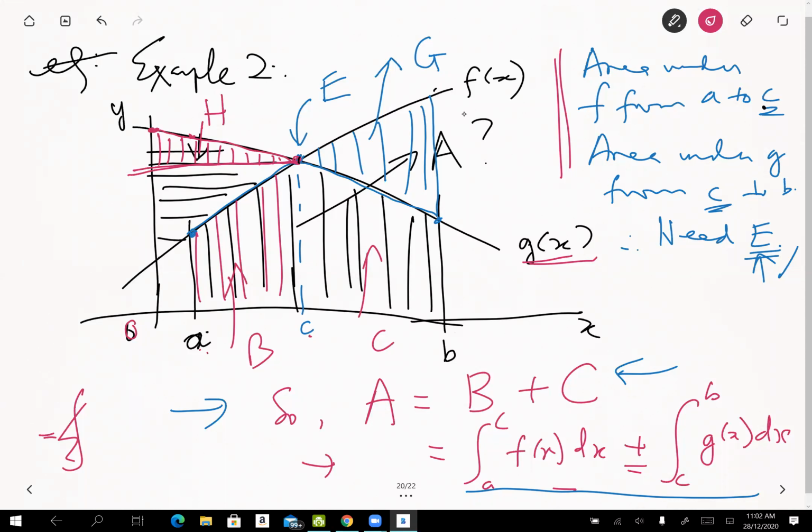Now, what curve do we need in order for you to get the area below it? What curve do we need, or what line do we need?